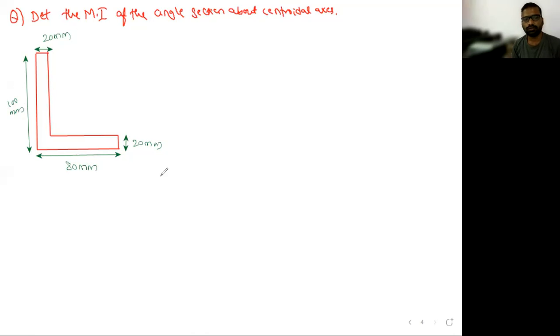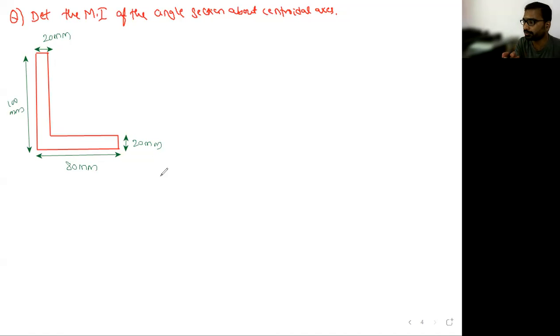Have you taken the diagram? Yes, sir. Whenever you want the moment of inertia about the centroidal axis, you should know the centroid of that particular section. Do you know the centroid of this section? No. If it is a pure rectangle, you know the moment of inertia.